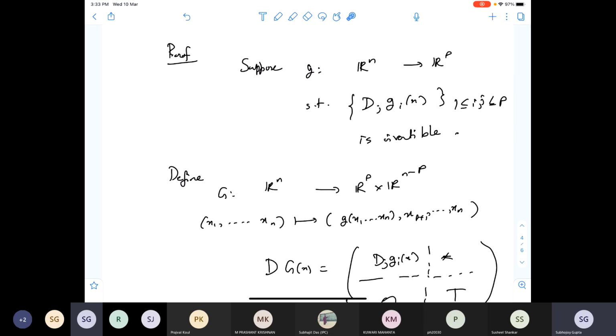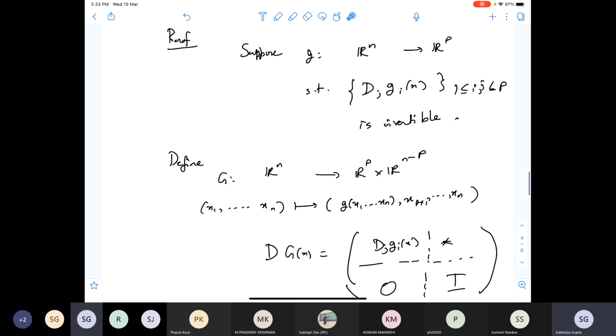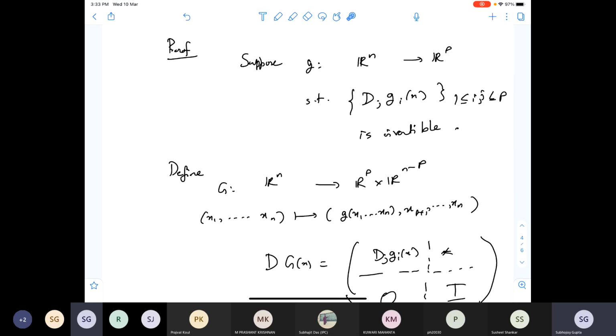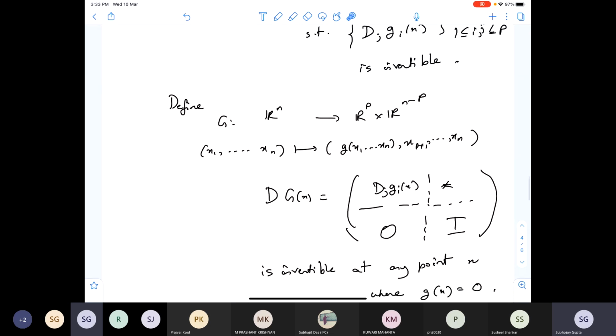Okay, so that's the initial assumption, and then you want to apply the inverse function theorem, except that this target has lesser dimension, right? For the inverse function theorem, you can talk of the derivative being invertible only if the domain and range have the same dimension. So you correct for that. You define this map capital G from Rn to Rp cross R of n minus p.